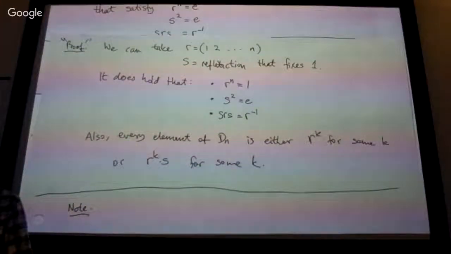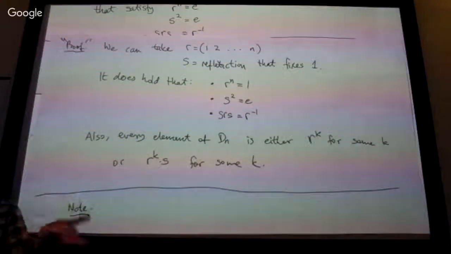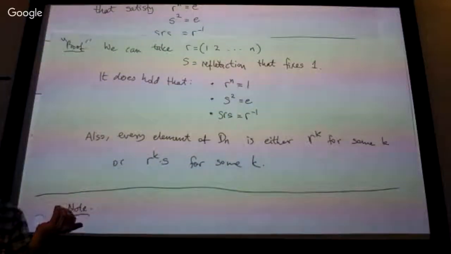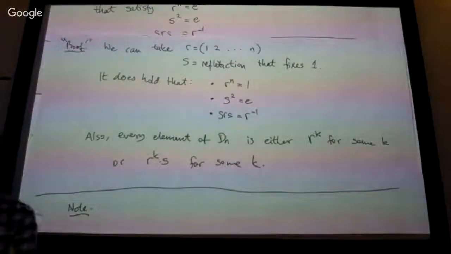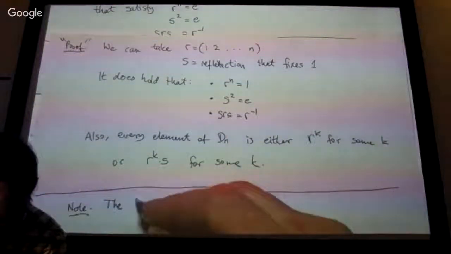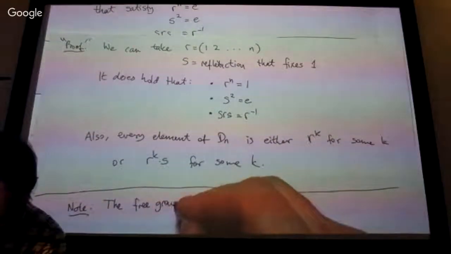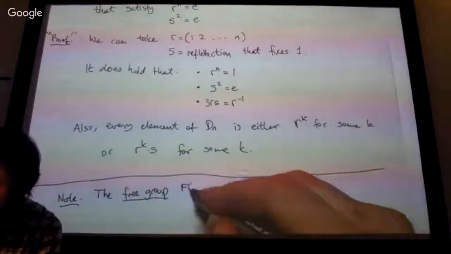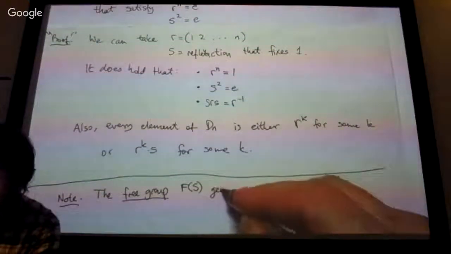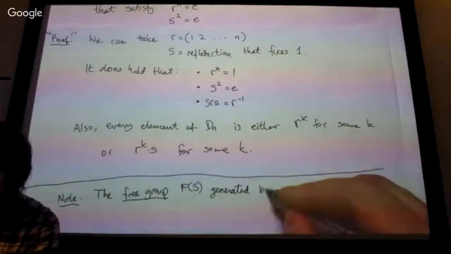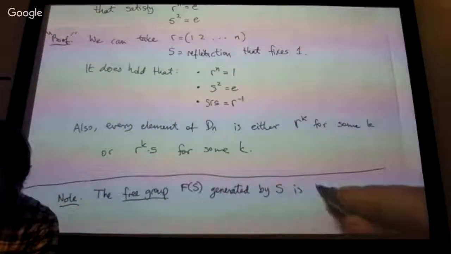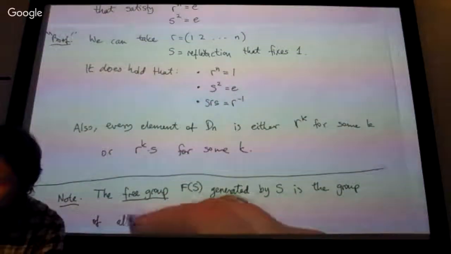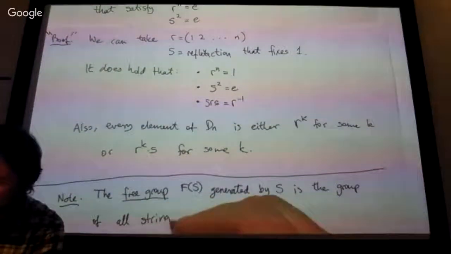If I give you a finite number of elements, or letters, whatever, then what I call the free group F(S) generated by S is the group of all strings of letters in S.